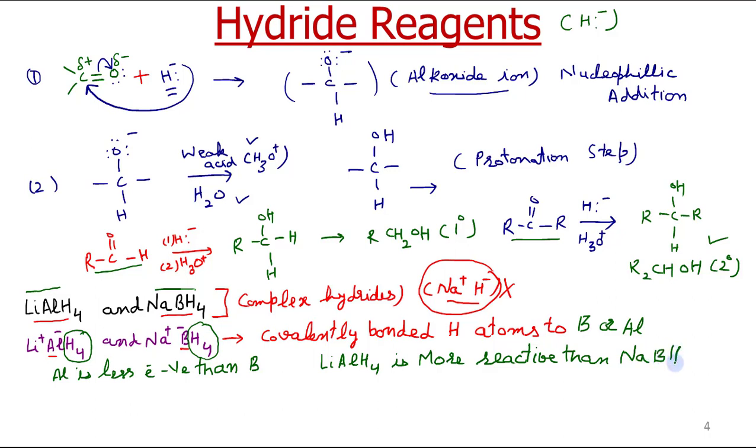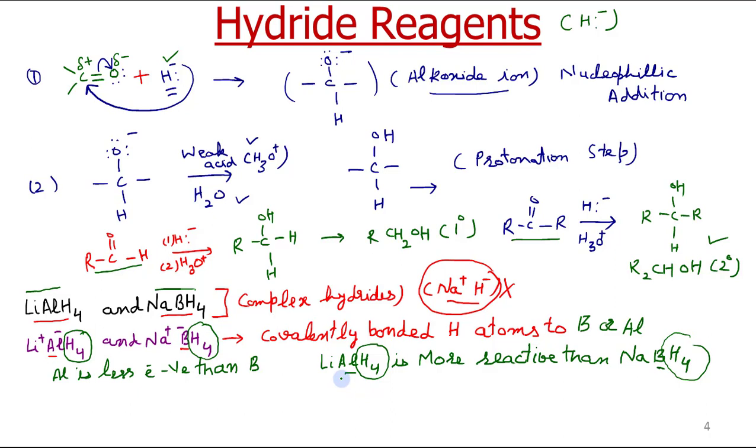The reason I have explained to you is, as aluminium is less electronegative than boron, the electron density in lithium aluminium hydride is more around hydrogens compared to sodium borohydride, where boron is more electronegative compared to aluminium, so electron density around hydrogen is less. Now as you can see, the higher the electron density on this nucleophile H negative, the greater the reactivity. So that's why lithium aluminium hydride is more reactive than sodium borohydride.